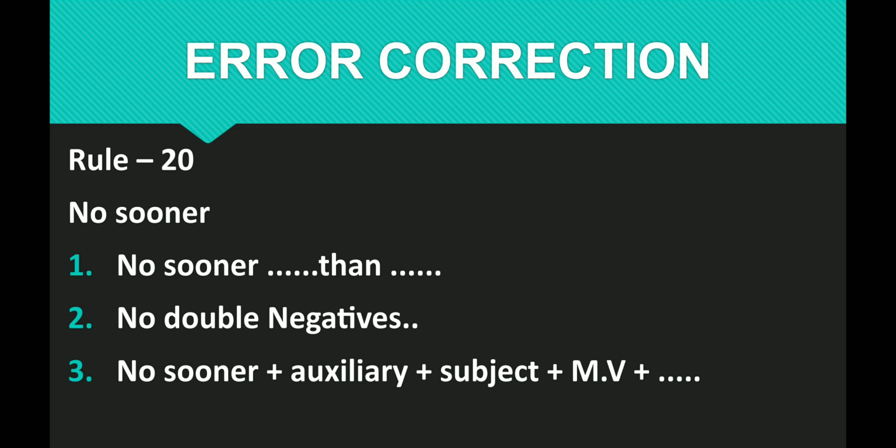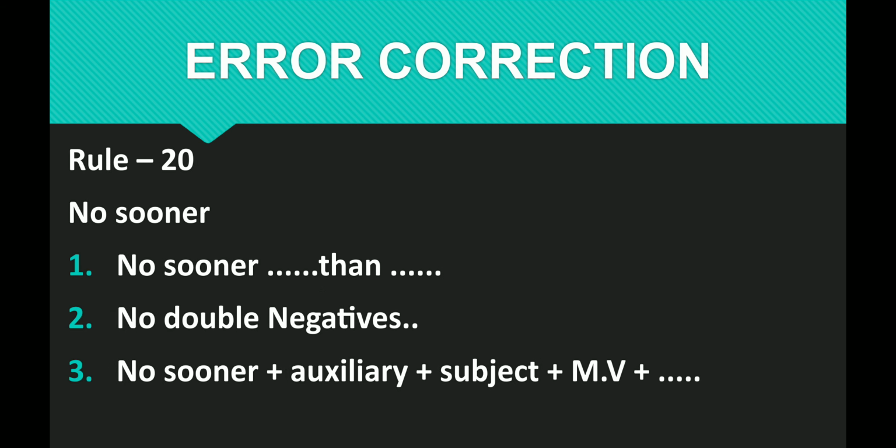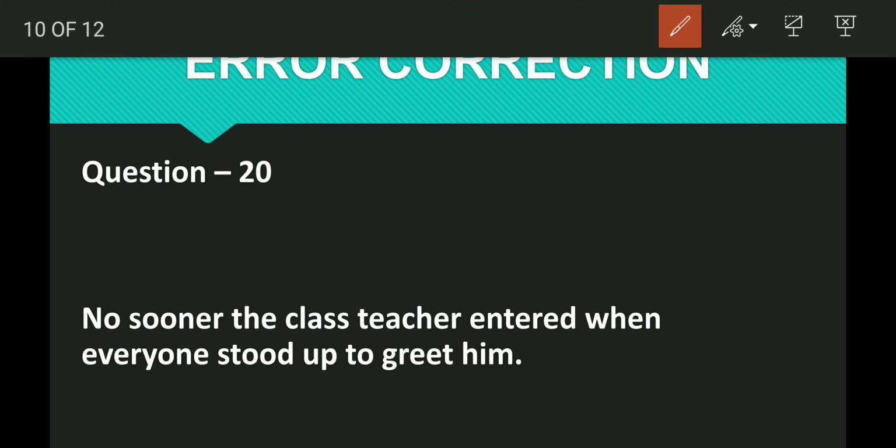Remember the second rule: no double negatives. Here, the double negative means we don't have any double negatives. It's fine. The format must be: no sooner plus auxiliary plus subject plus main verb. So the correct answer will be no sooner. If we divide the word entered, it will be did plus v1, that is enter.